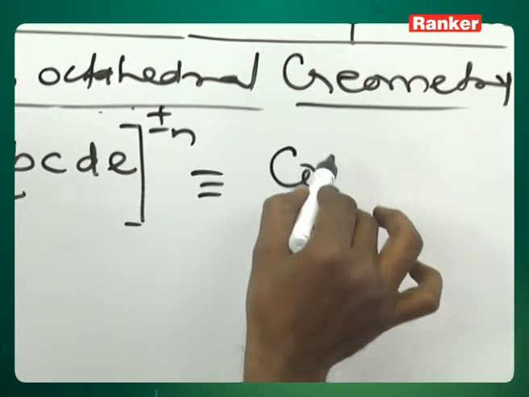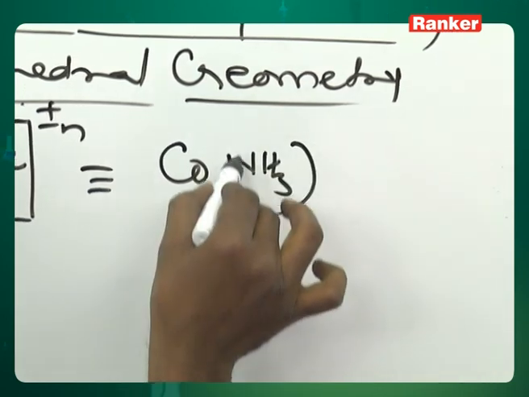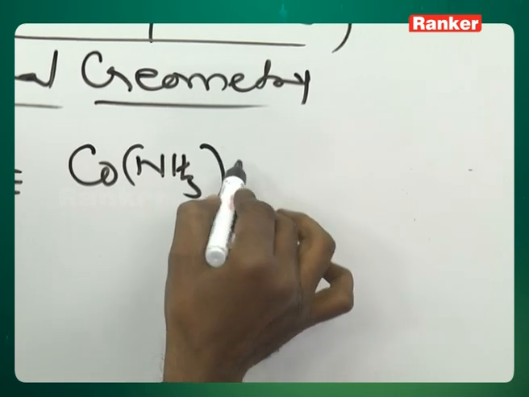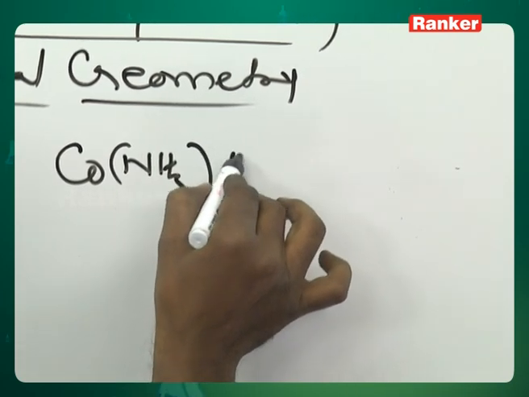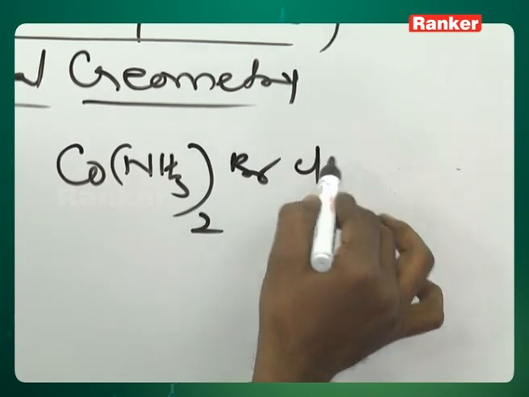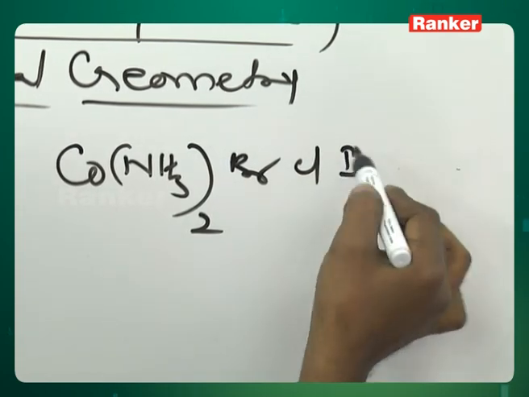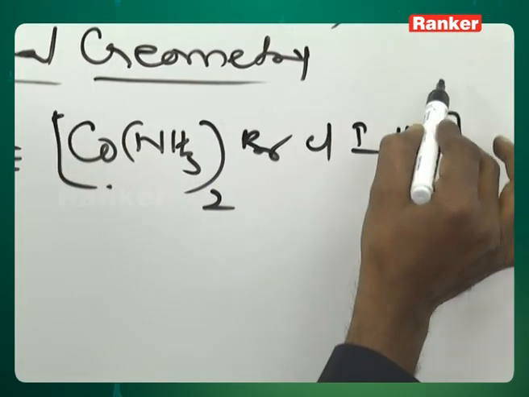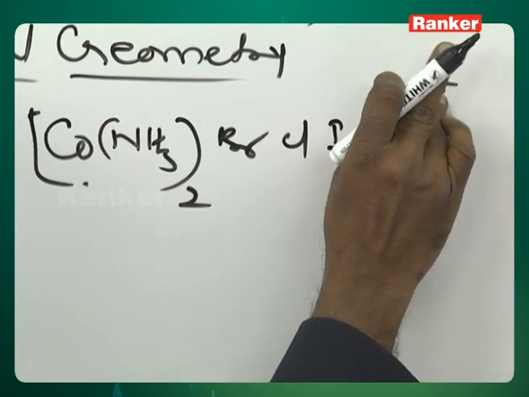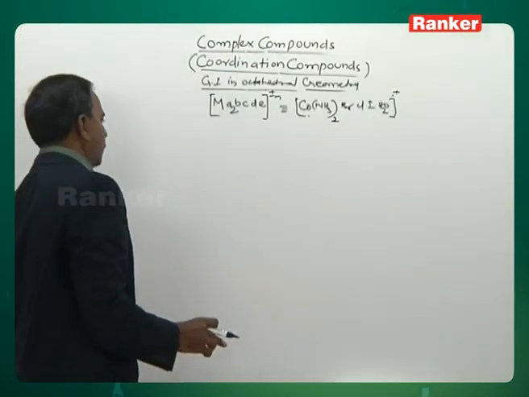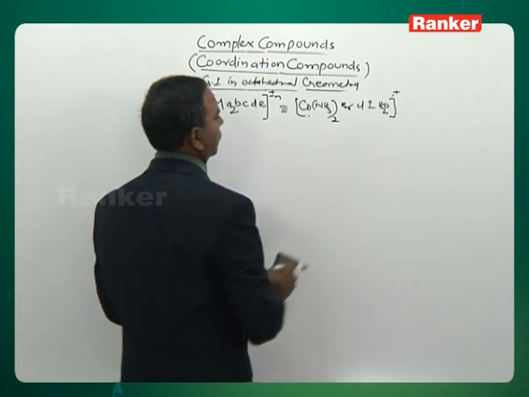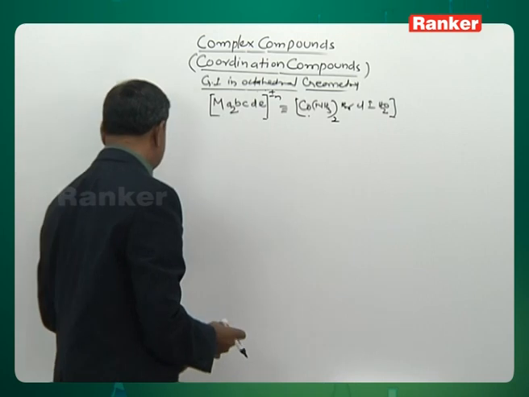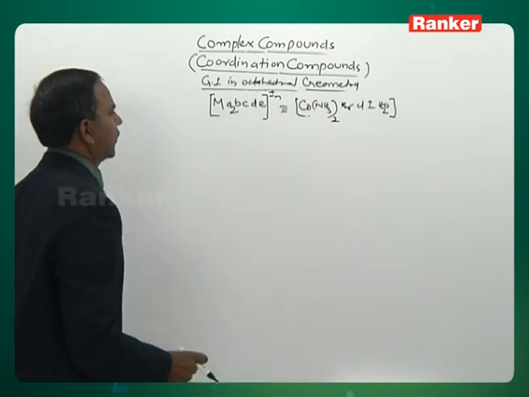Take Co, NH3 taken twice, take different ligands again: bromide you take, chloride you take, and iodide, and one H2O. These 3 negative charges are there, negative ligands. That's enough. You need not put any charge. As such, you can leave this particular complex without any charge. For this again, cis and trans.